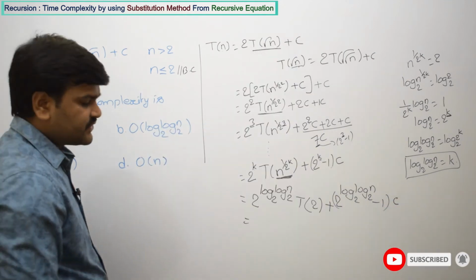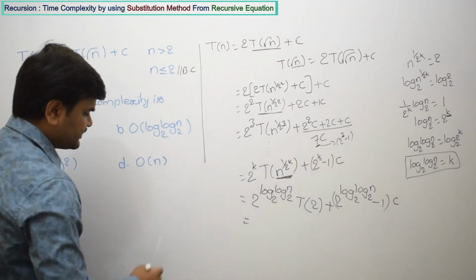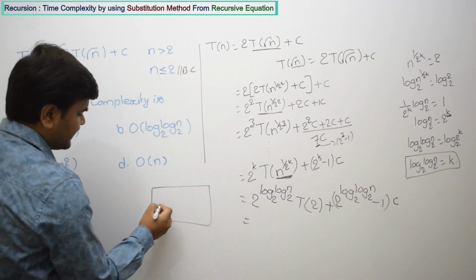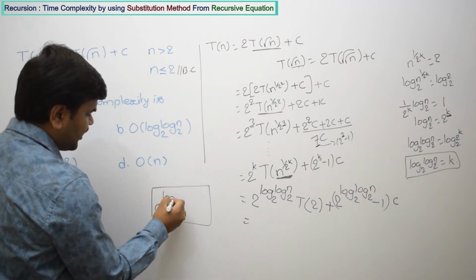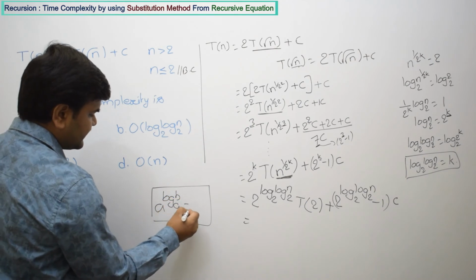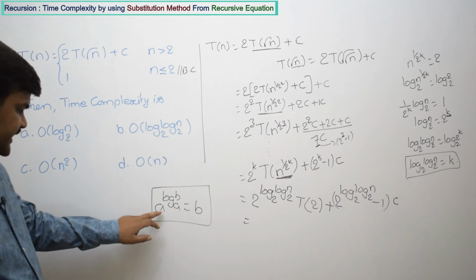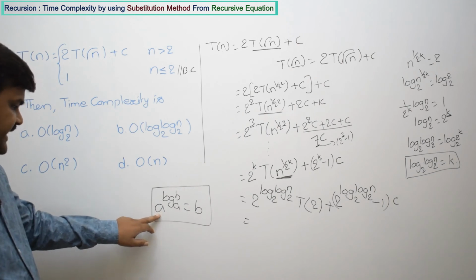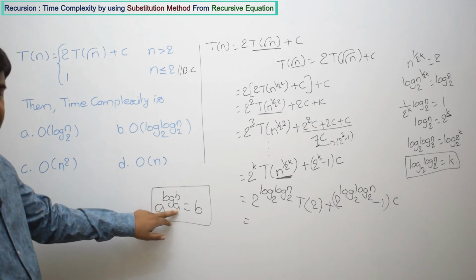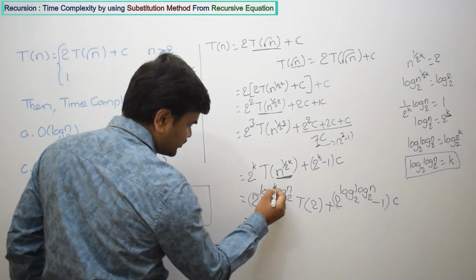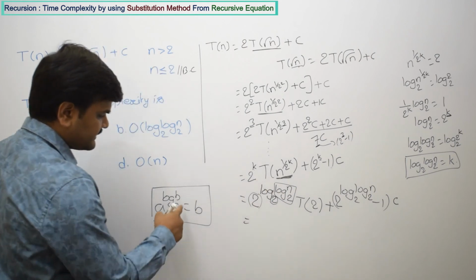Now in logarithms we have one formula: a power log b base a is equal to b. Here the base is a and the log base is also a. Here we have 2 and 2, so this becomes the b part.